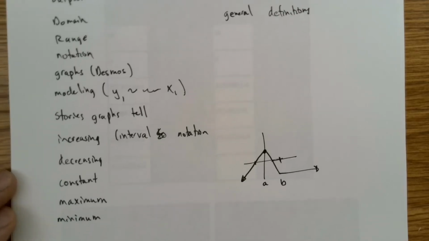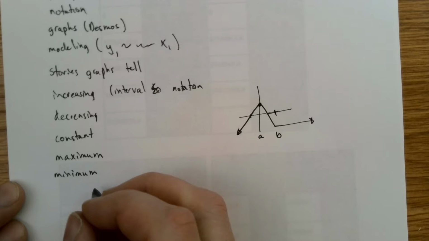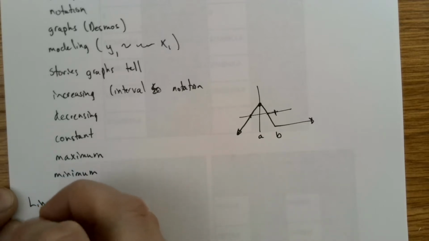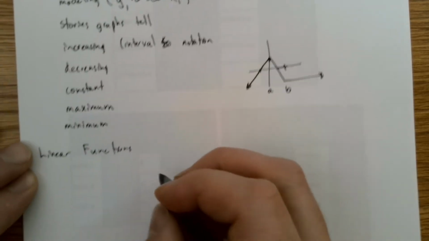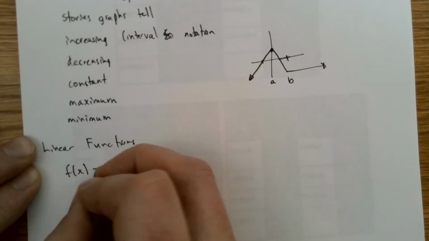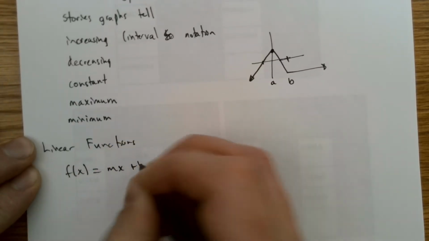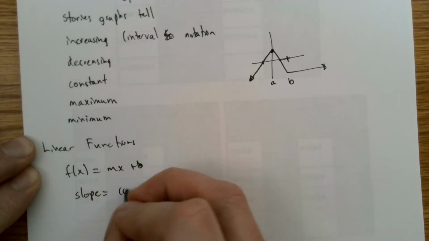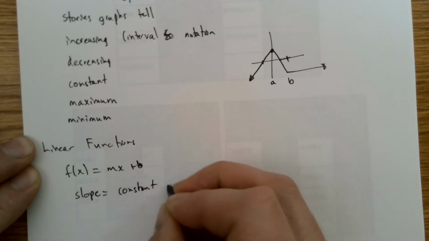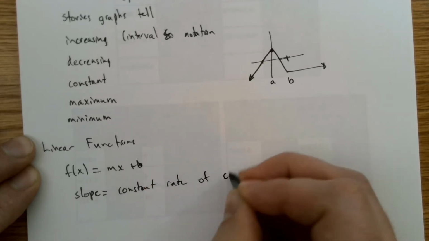So then after all of this list of stuff, we looked at all things linear. So then we identified linear functions specifically. They came in the form f of x equals mx plus b. You were to identify the slope as a constant rate of change. You had to find the slope.